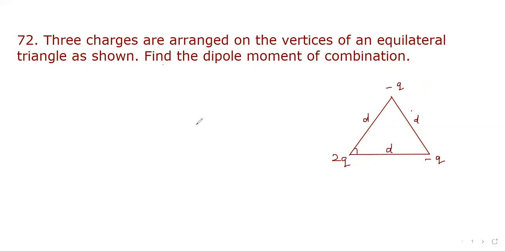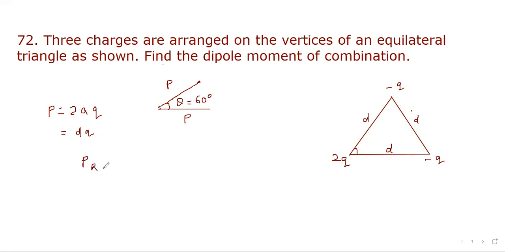This is equivalent to two dipoles placed at 60 degrees. So the dipole moment of each dipole will be the same. So p will be equal to 2aq. Here 2a equals d, so p equals dq. Now the resultant can be found by using the formula of the resultant of two vectors.